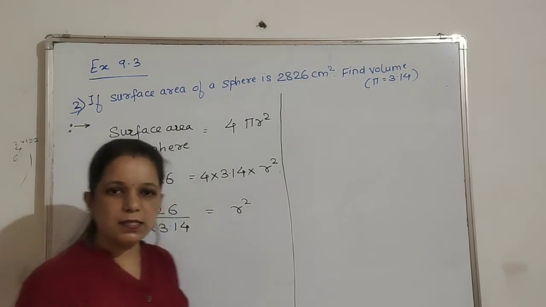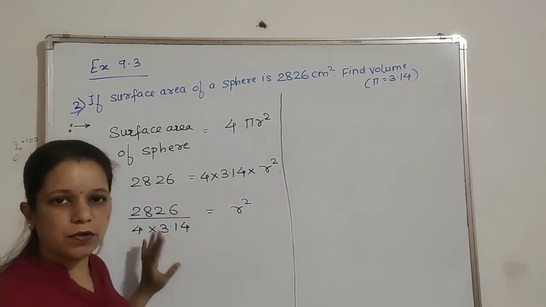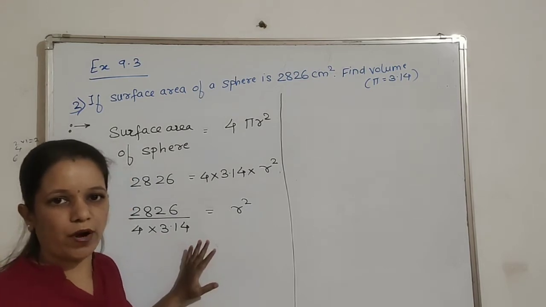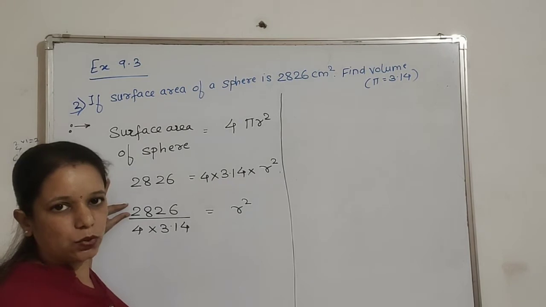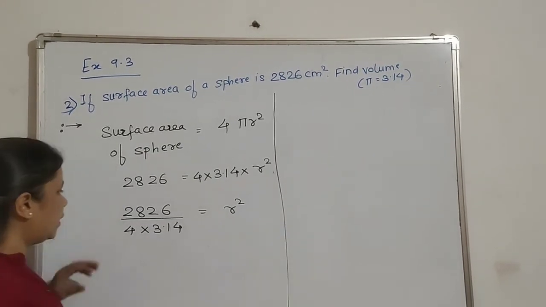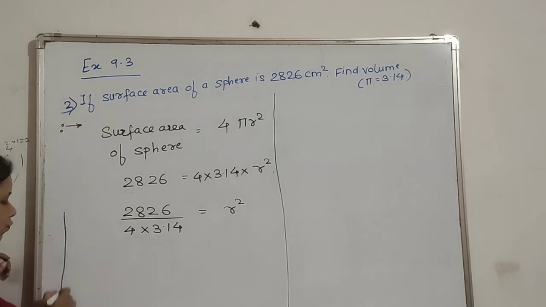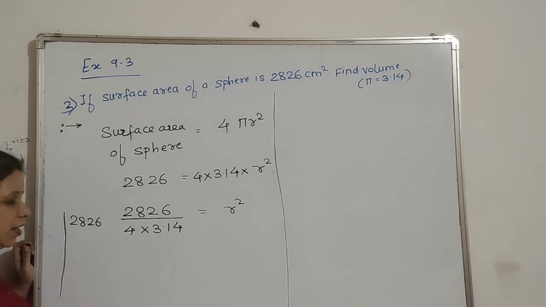Now there is a slight trick in this sum. To solve this, first we will remove the decimal points and we will factorize 2826 so that the calculation will be very simple. Okay, so here I'll show you the factors for 2826. We will divide it with 3.